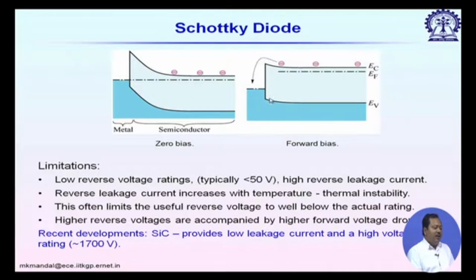Now, under given biasing there will be a thin depletion region, because in N type materials electron density is smaller, in metal we already have free electrons.